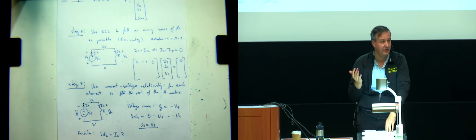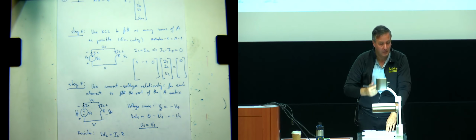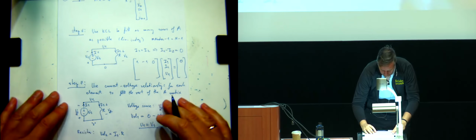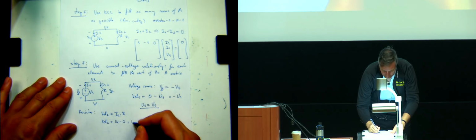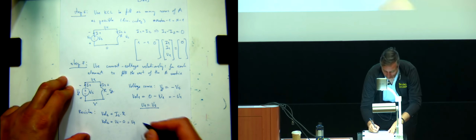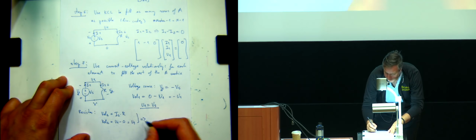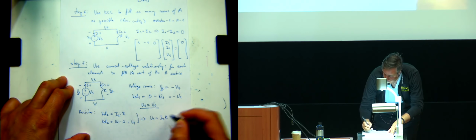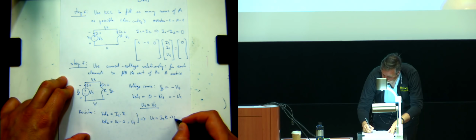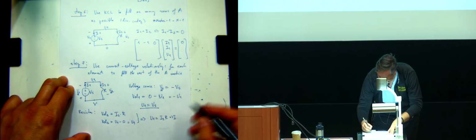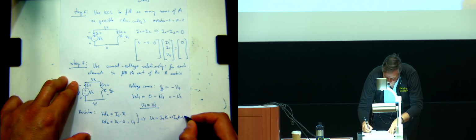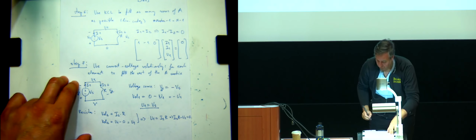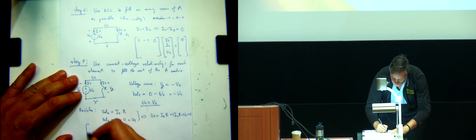That's just a voltage definition across, right? So that's U1. Now from these two, I can write that U1 equals I2R, or let's say I2R minus U1 equals 0.